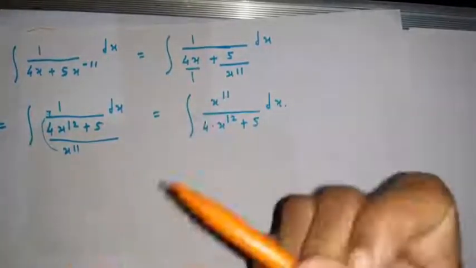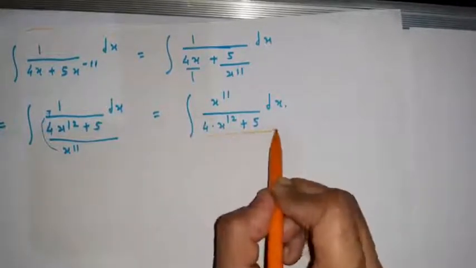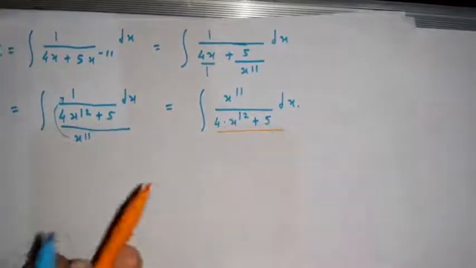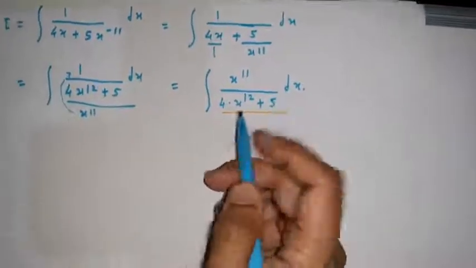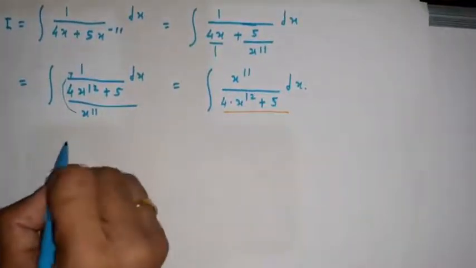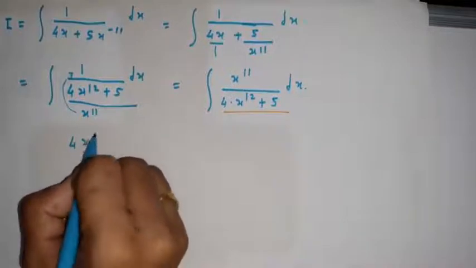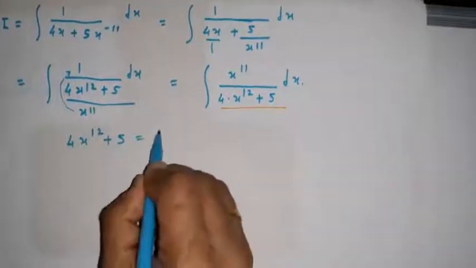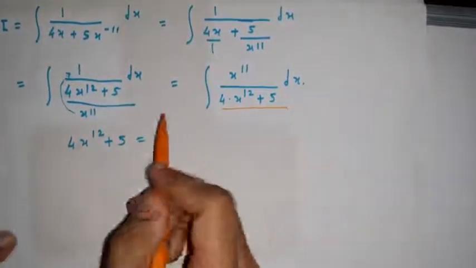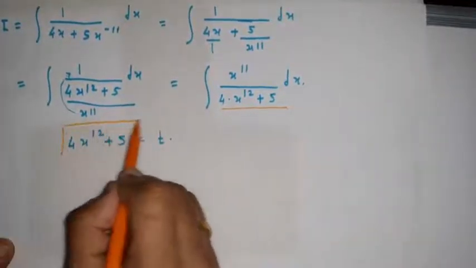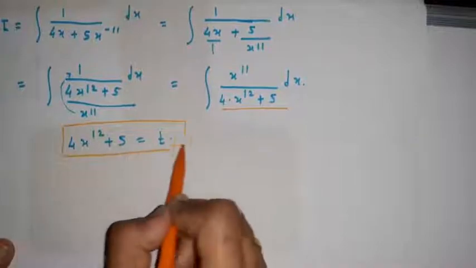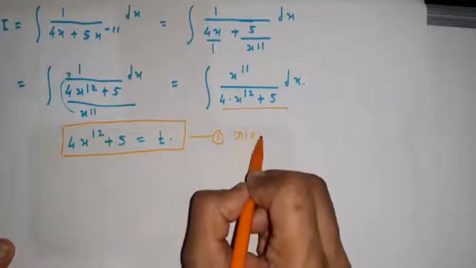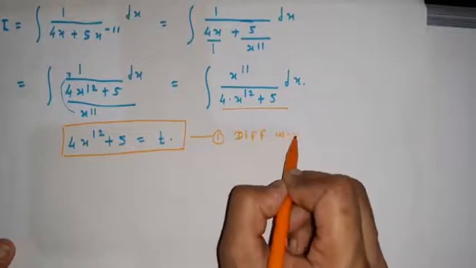Now see students, the term we have at the denominator is the complicated term, and give substitution to that term, and hence let us put here, that is 4x raised to 12 plus 5 equal to t. Okay students, and now whatever is our substitution, differentiate it with respect to x.